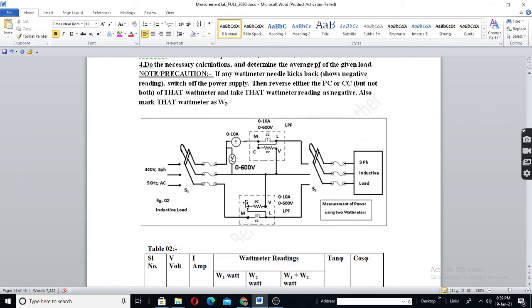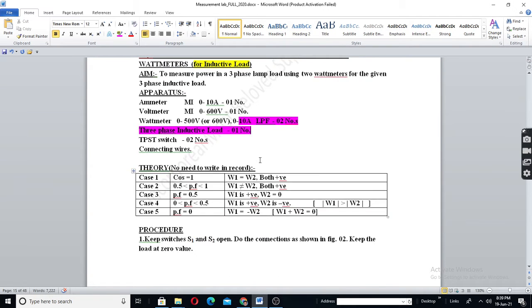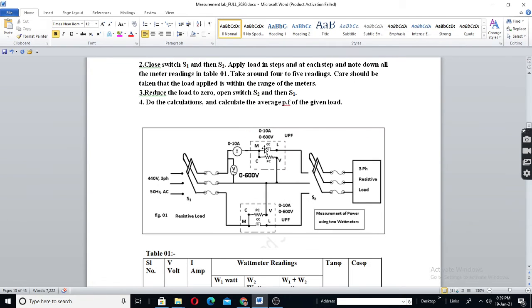In LPF wattmeter, we will short L and C. In UPF wattmeter, we will short M and C. To remember easily, M goes to main, L goes to load, V means voltage, and C means common, which is shorted.